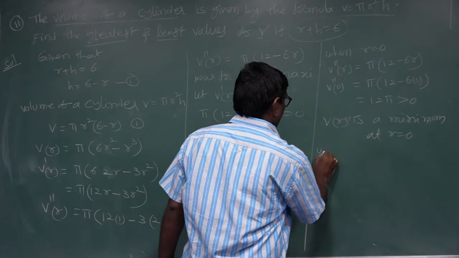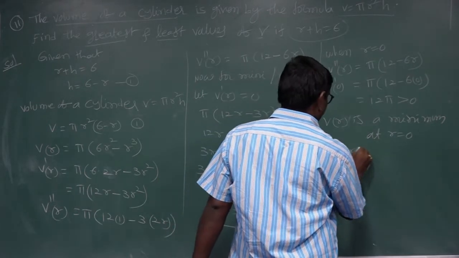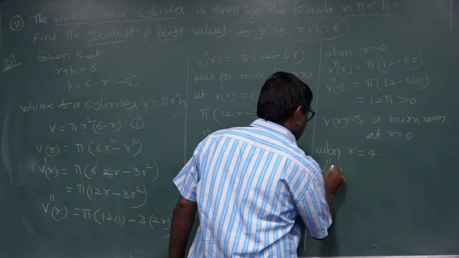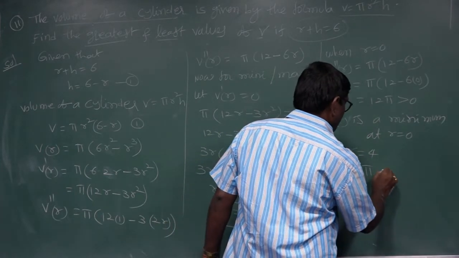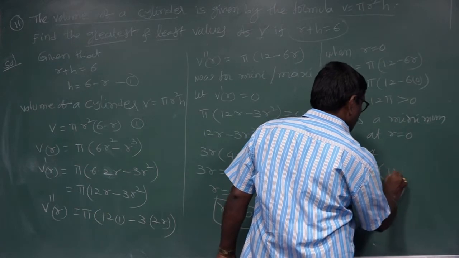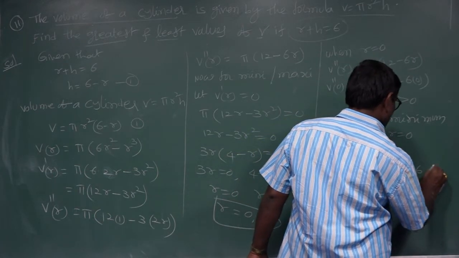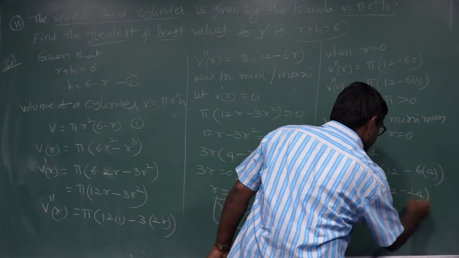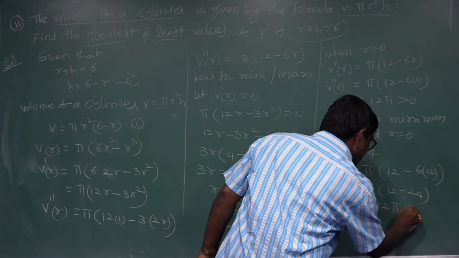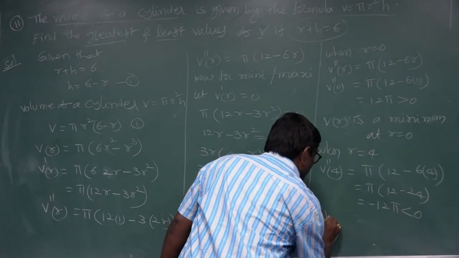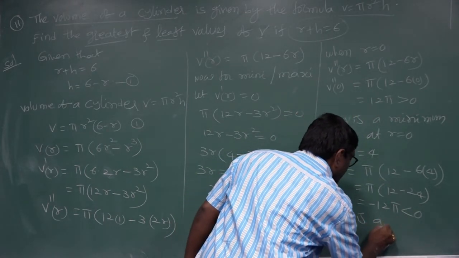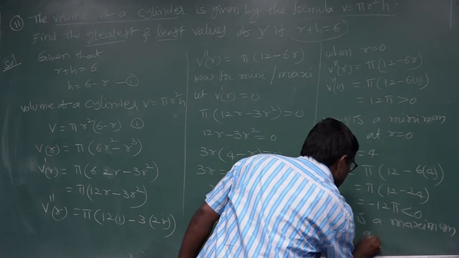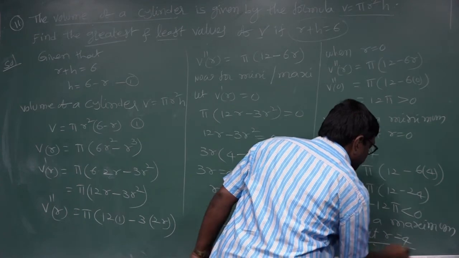Next, when r equal to 4, V double dash 4 equals pi into 12 minus 6 into 4 equals pi into 12 minus 24 equals minus 12 pi, less than 0. So V of r is a maximum at r equal to 4.